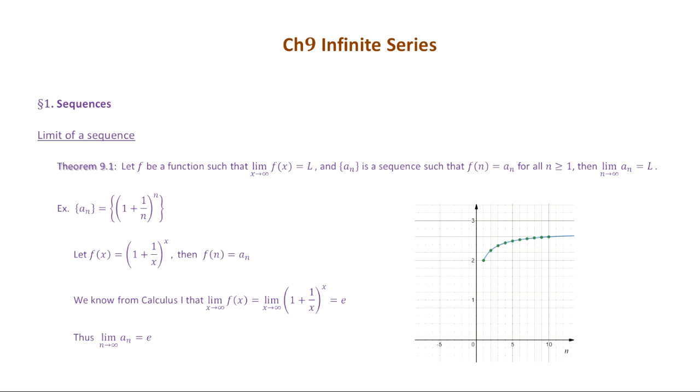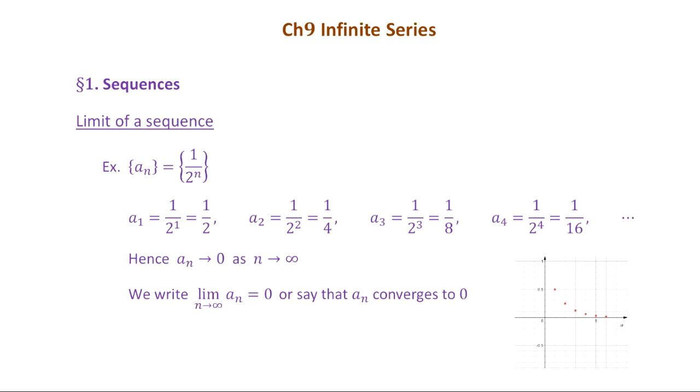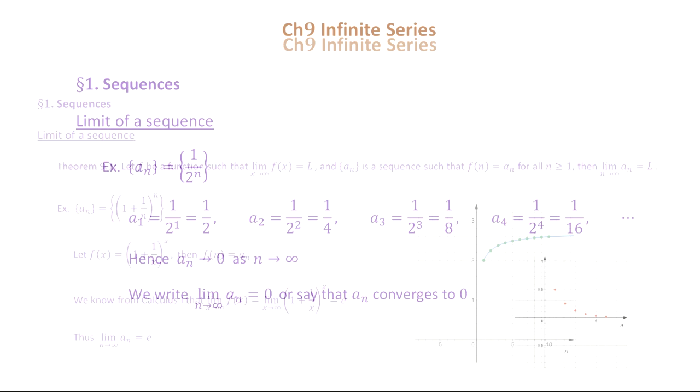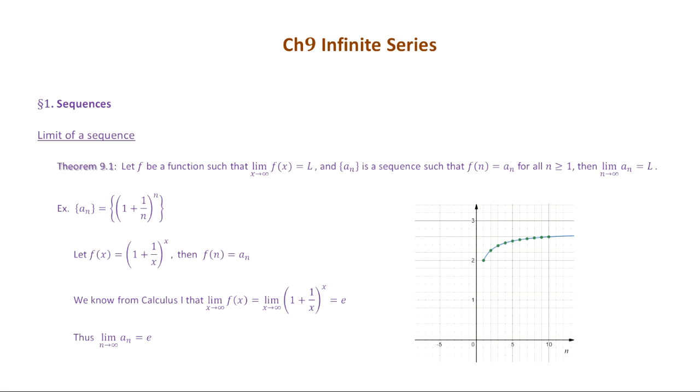So this is the limit of a function. A function is continuous. A sequence is discrete. Remember in the previous graph, I plotted discrete points for the sequence. But a function is continuous, like the curve in the graph. All right. So they're not the same.